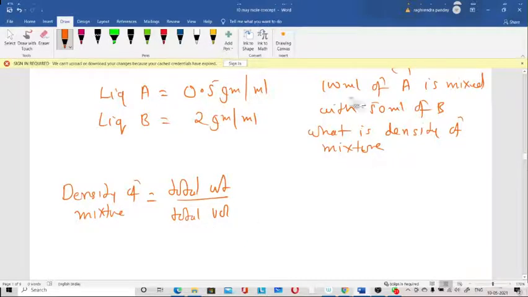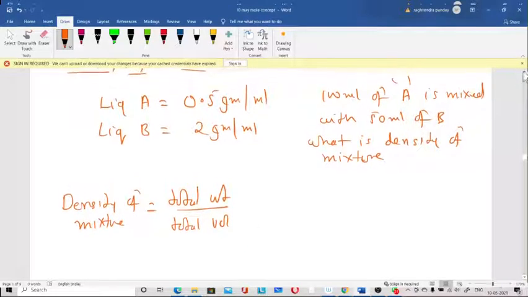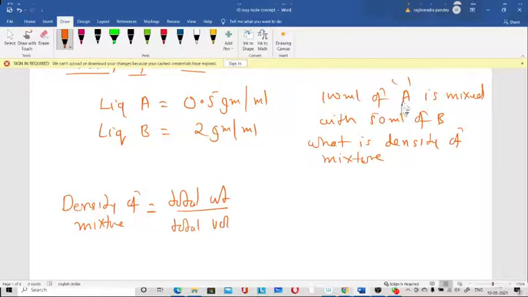So you have to find how much weight of A is there in 100 ml, plus how much weight of B is there in 50 ml. Then you add the weight of A and B and put it in the numerator, and the total volume is 100 plus 50, that is 150.